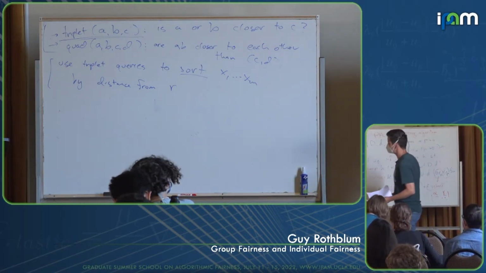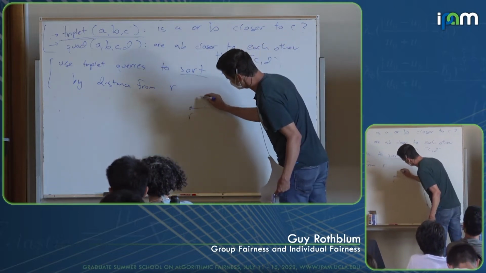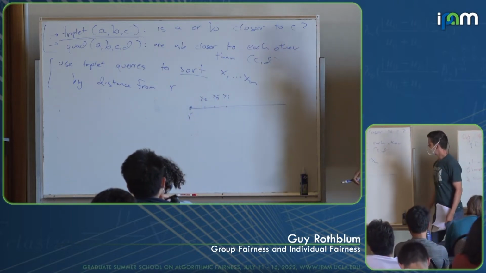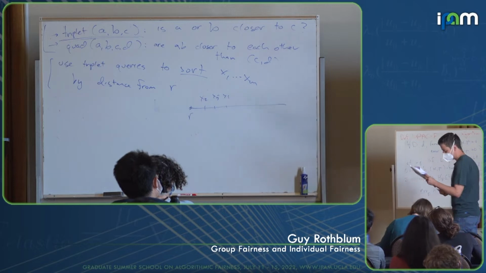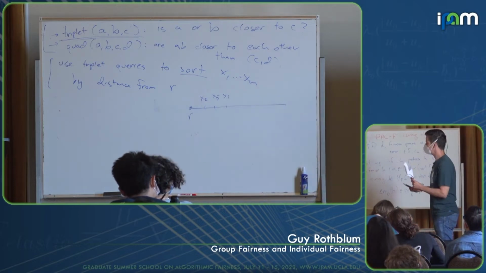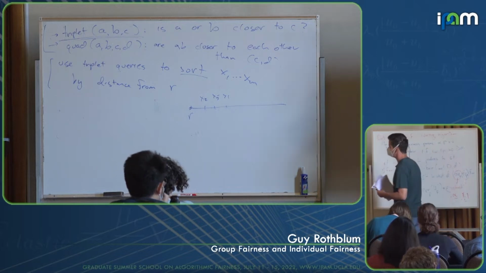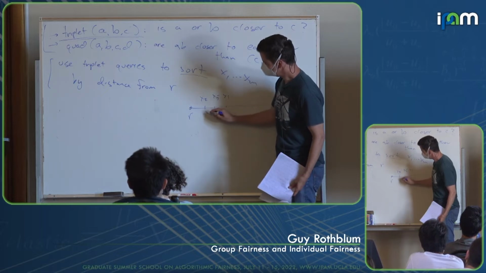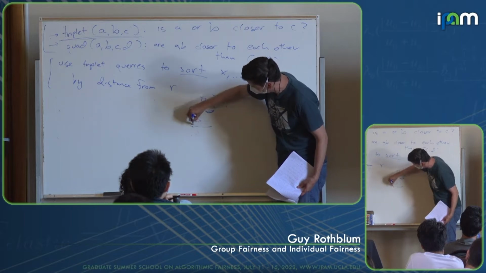Once you sort x1 to xm, arranging them on the line, this is R, and maybe the closest point is x2, then x5, then x1. That already tells us something about the distances between them, and we can use this to get approximations or estimates of the distances between individuals. I can estimate the distance between x2 and x5 to be the difference between x2's distance from R and x5's distance from R.